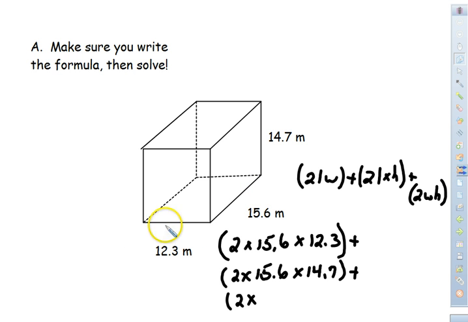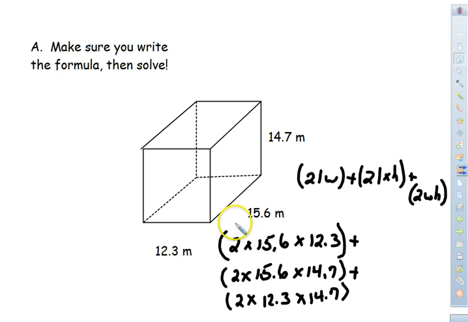This is dealing with my width, and that's 12.3, times my height, 14.7.